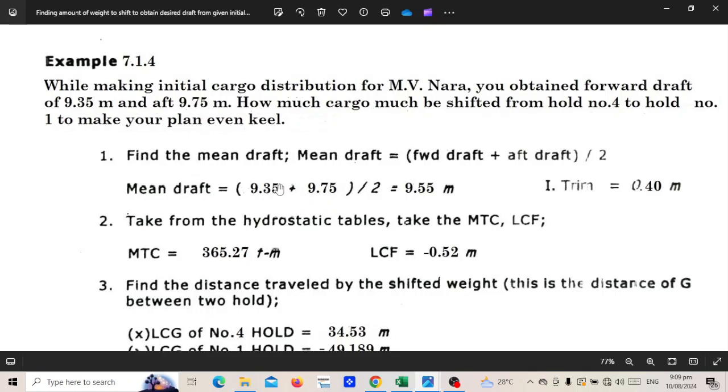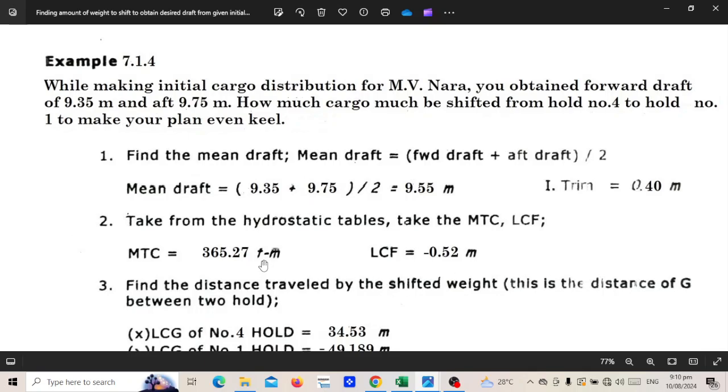You add them together, then divide by 2, then you get a mean draft of 9.55. You will have a trim of 0.40: the aft draft minus the forward draft gives 0.40 meters of trim.